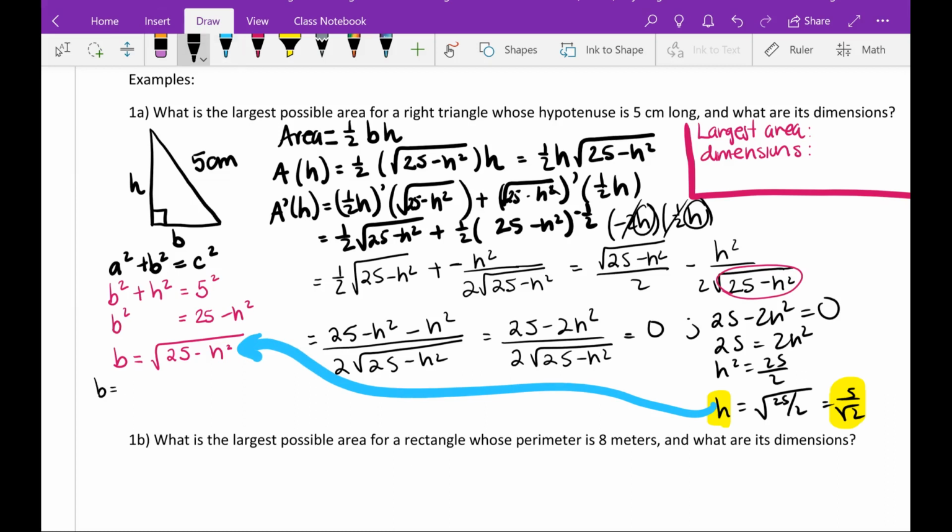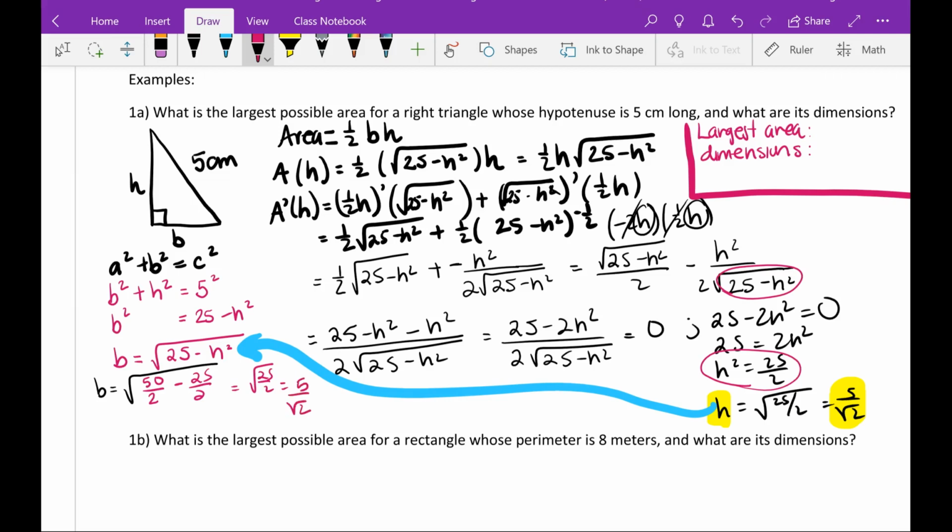Base is square root, okay, h squared, it's already 25 over 2. So what I'm going to do is I'm going to minus 25 over 2. 25 with denominator 2 is now times out by, that's 50, right? So would you agree that's also square root of 25 over 2, which is also 5 over rad 2.